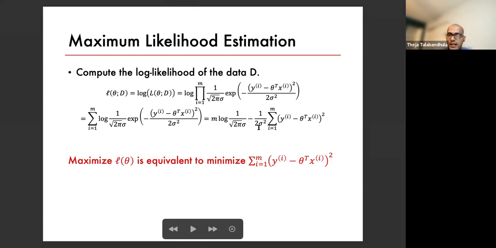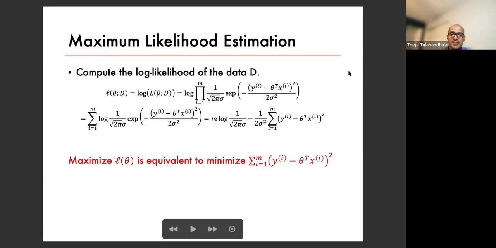The coefficient 1 over 2 sigma squared also has nothing to do with theta, so you can ignore it. Maximizing the negative of the sum of squares is the same as minimizing the sum of squares themselves, which is this: the sum from i equals 1 to m of (y_i minus theta transpose x_i) the whole squared, right?